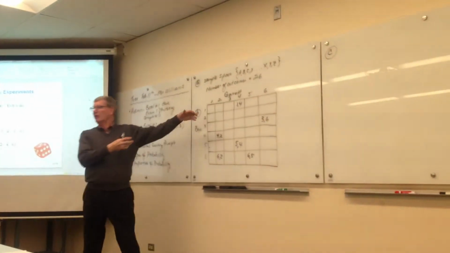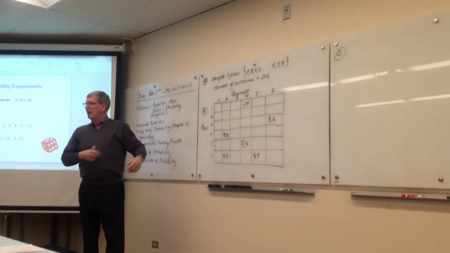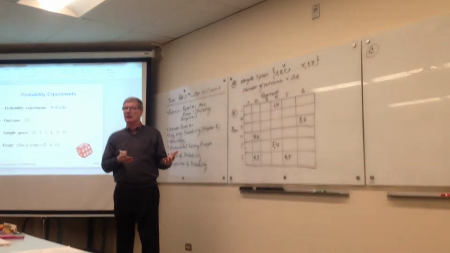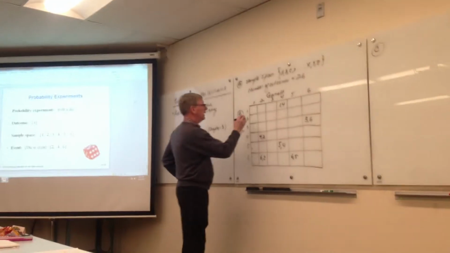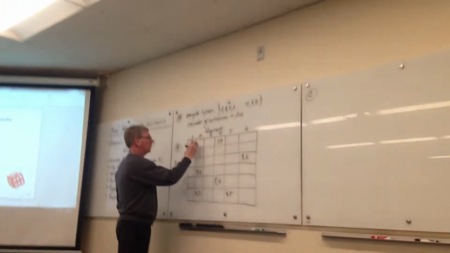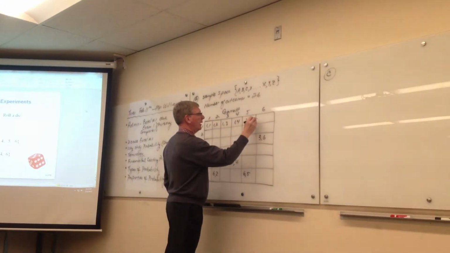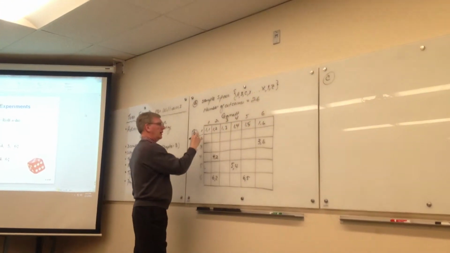Okay, so we could do this for a while. But how many possibilities exist? 36, right? And so if we filled it all in, it'd be 1, 1, 1, 2, 1, 3, 1, 5, 1, 6. And go ahead and fill it in.